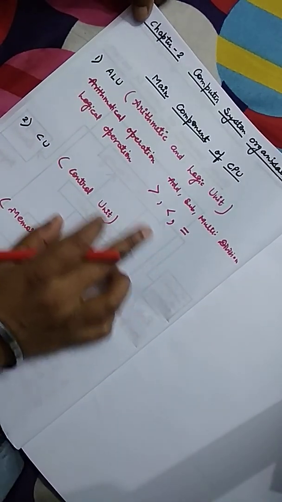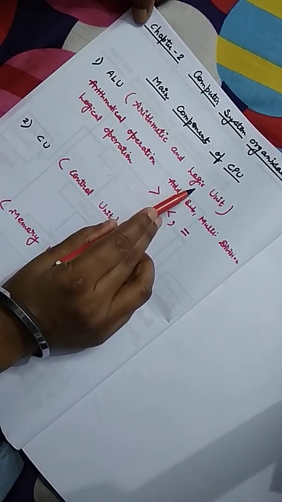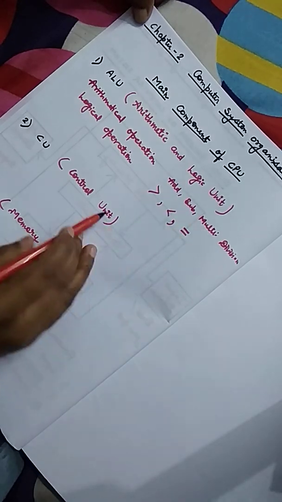So ALU performs all the operations related to arithmetic and logic in our computer system.